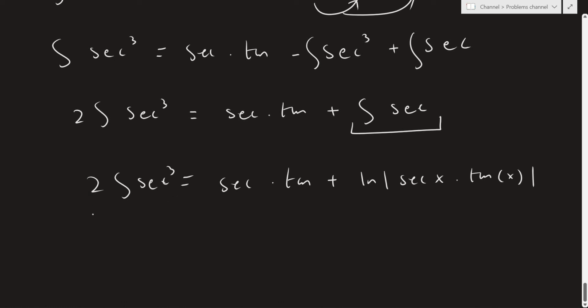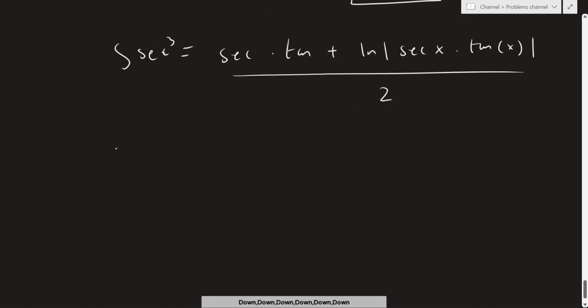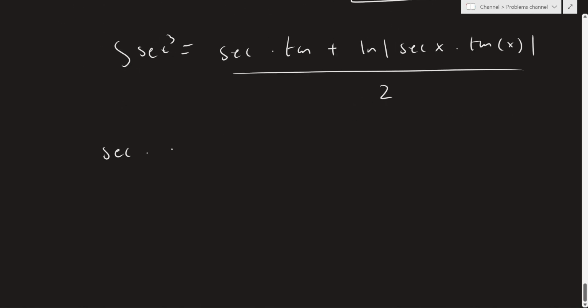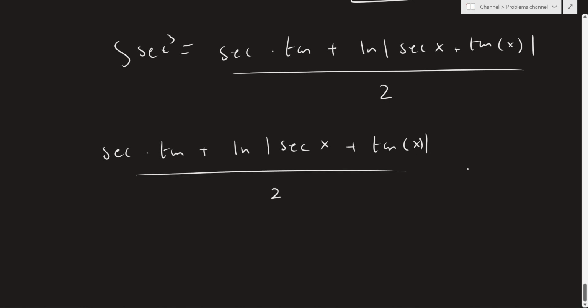So what we're going to do is move 2 here and divide the whole thing by 2. We're going to divide both sides by 2. Okay, so this will be your answer: secant times tan plus ln secant x plus tan x, all over 2, plus c.